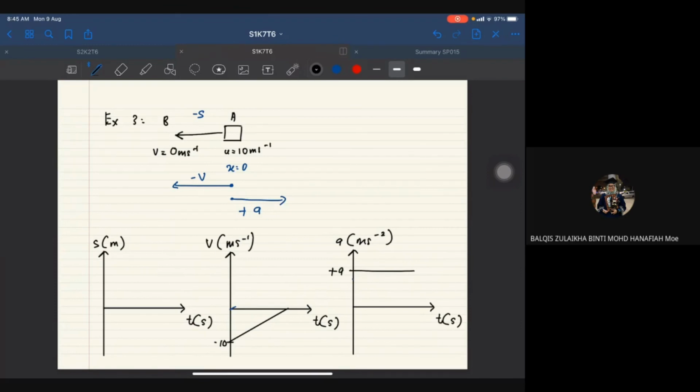Okay, and now how about the S? S dia tu negatif, positif? S dia negatif. Okay, so region dia bawah ni. Okay, now dia punya asalnya 0 ke final dia 0? Final 0. Asal dia 0, final dia negatif.